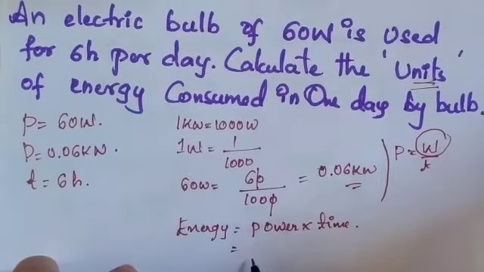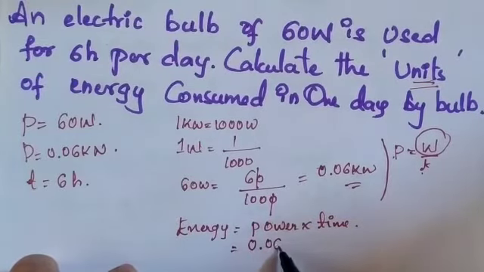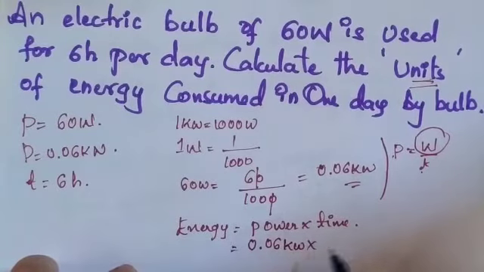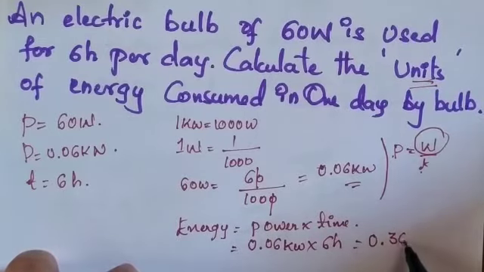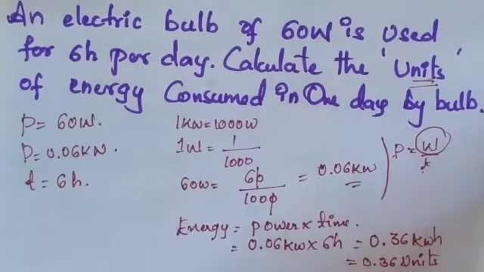So energy is equal to power into time, which is 0.06 kilowatt into 6 hours. 0.06 into 6, 6 sixes are 36, so 0.36 kilowatt hour, or 0.36 units. This is how we find how much energy is consumed by the electric bulb in 1 day in terms of units or kilowatt hour.